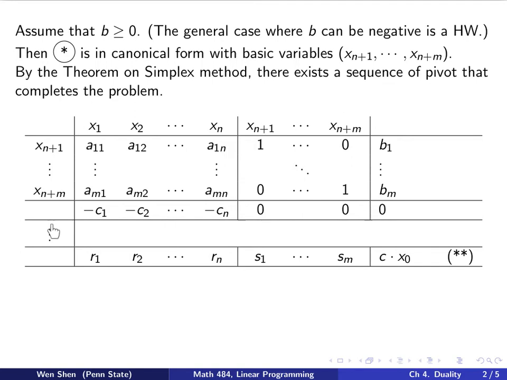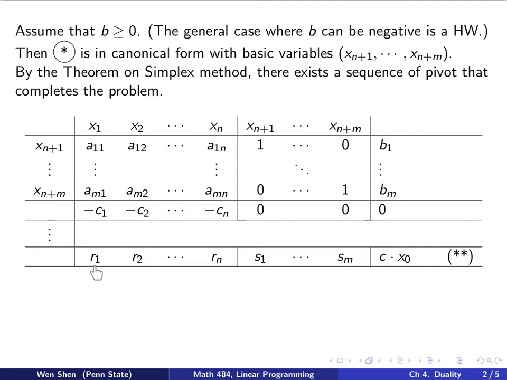Okay, and then you choose various steps of pivoting. After finitely many of them, the process will end, and the objective function row will look like this.